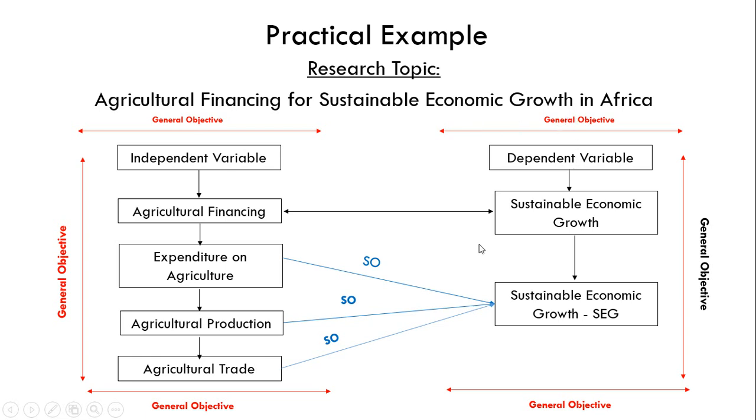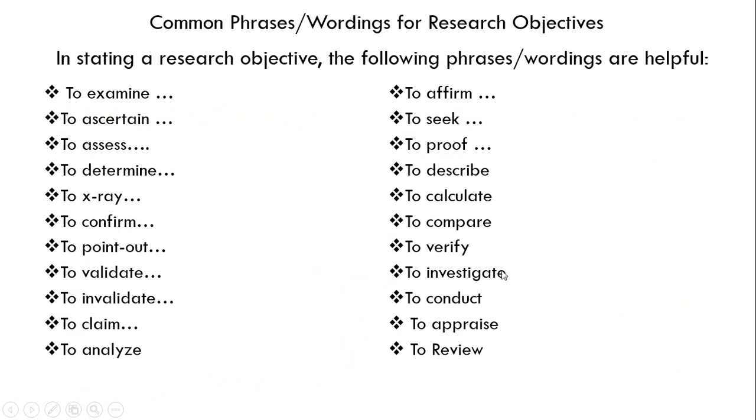Whereas when you want to get down to the key objective you want to focus on, you can narrow it down to the spending on agriculture, the total agricultural production as a result of financing, and the total available agricultural product as a result of trade, in order to influence sustainable economic growth in Africa.